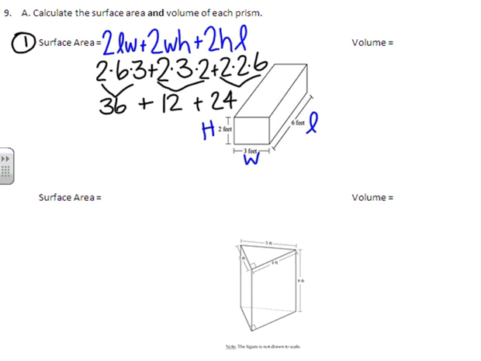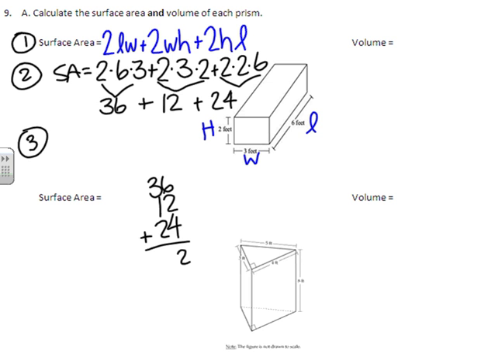Okay, so this is step 1. Step 2. Step 3, we're going to add all those numbers up together. So we get surface area equals 72. And step 4 is feet squared. Area is always in square units.